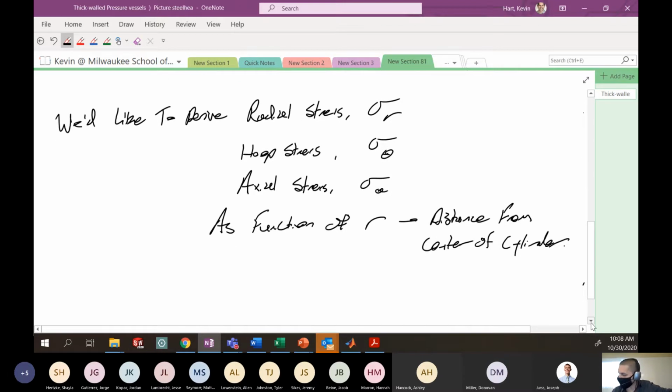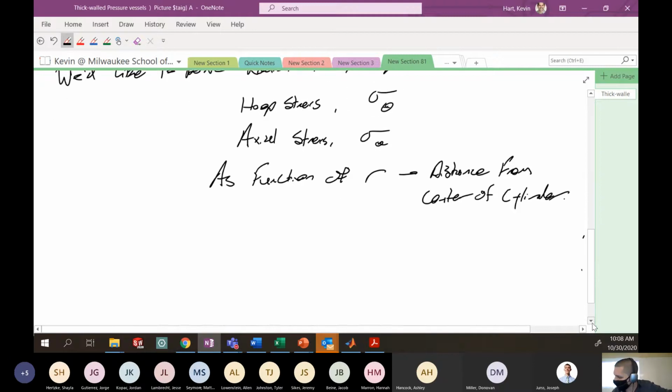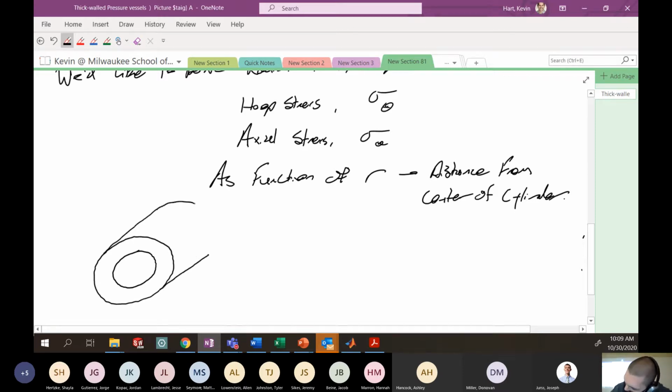All right. So let's draw these things and be clear on what we're talking about. If I've got a thick-walled cylindrical vessel here, and I've got this in 3 dimensions, I'll do my best to draw this in 3 dimensions.